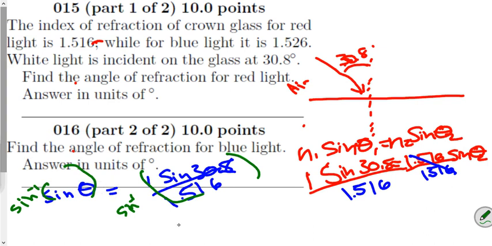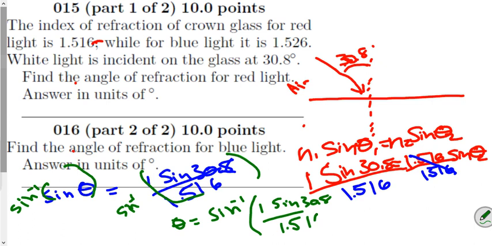So I have my theta 2 is going to be equal to inverse sine of 1 times sine of 30.8 divided by my other index of refraction, 1.516.